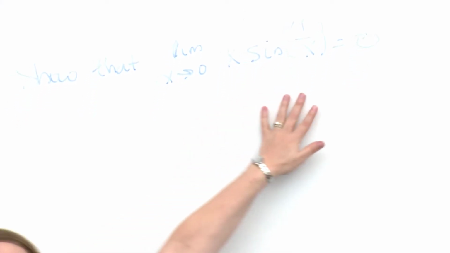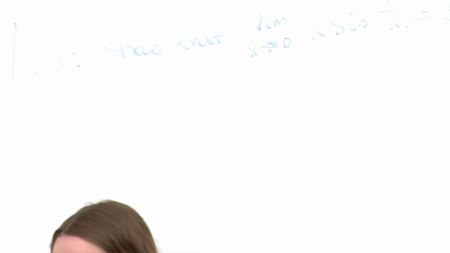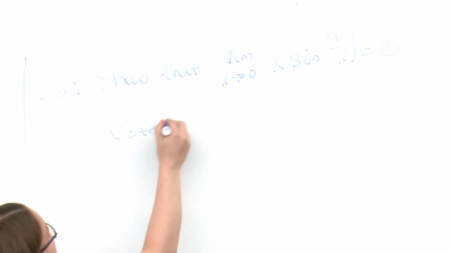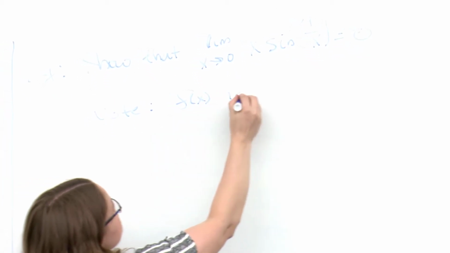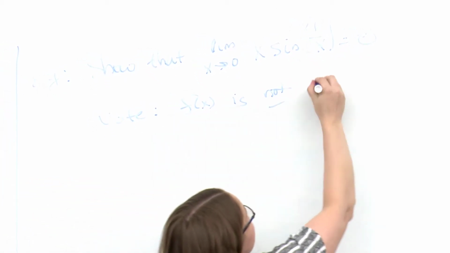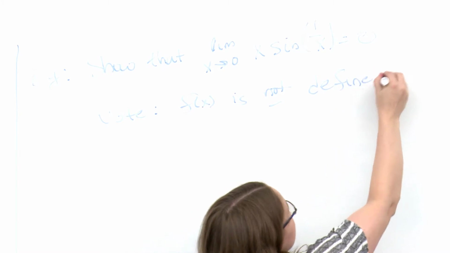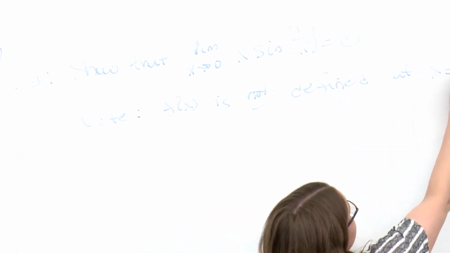This is not defined at x equals 0, but it's defined arbitrarily close to x equals 0. So we at least have some hope that we can ask about a limit. Because I can put in x very small and positive. I can put in x very small but negative. And those are both allowed. So just note that. f of x is not defined at x equals 0. But that's okay. We don't need it to be defined there in order to have a value of the limit.